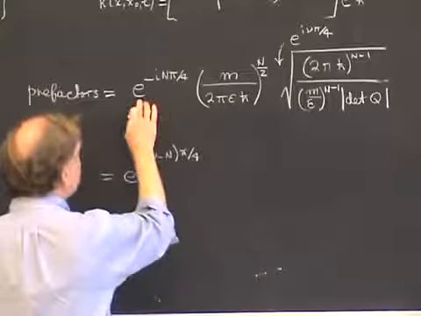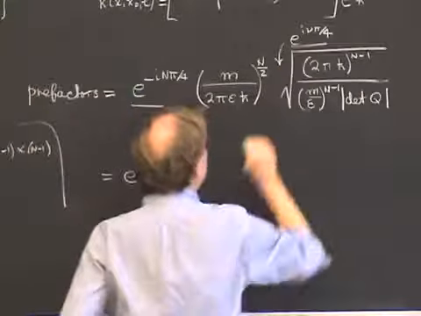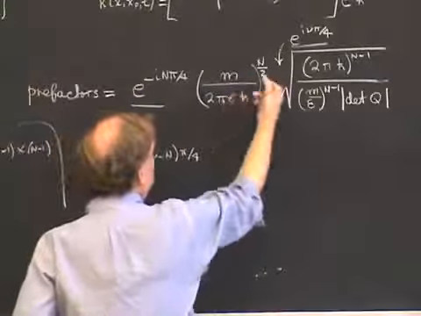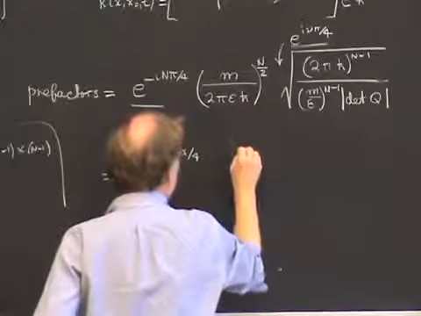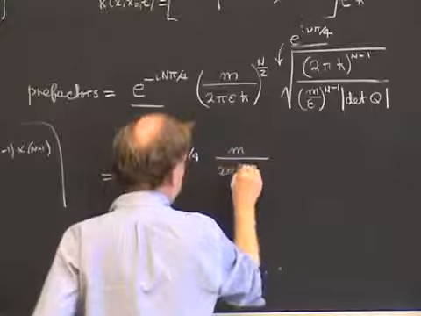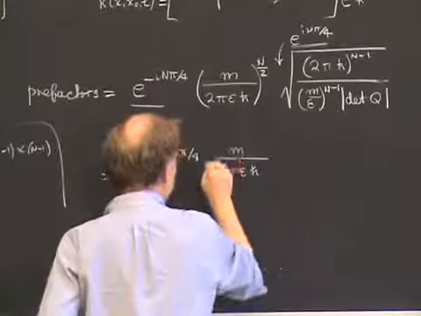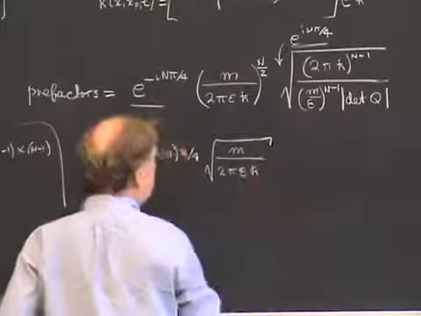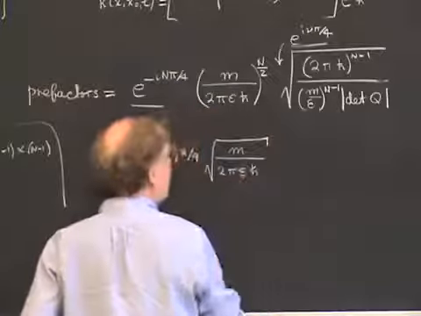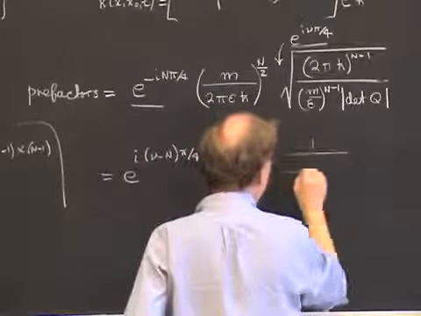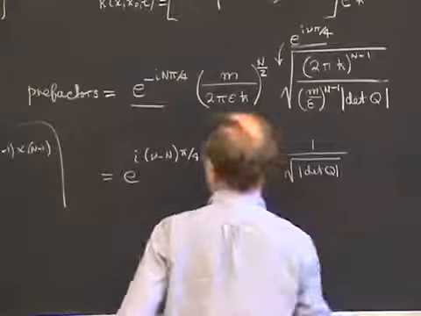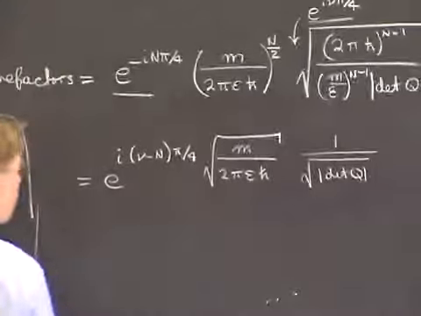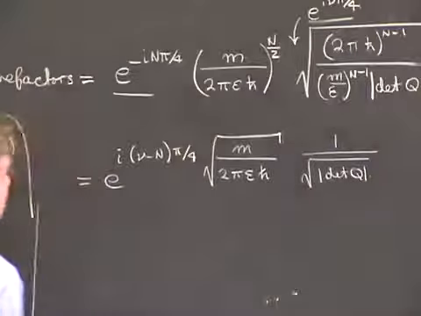That's the phase of the thing coming from here and here. And then the m's and 2 pi epsilon h bars, if I take care of that and this, I just get m over 2 pi epsilon h bar, now to just the single 1/2 power. Most of the divergence is gone now, you see. And then I got 1 over the square root of the absolute value of the determinant of q. Okay, so this is what's left of the prefactors. It's starting to simplify some.